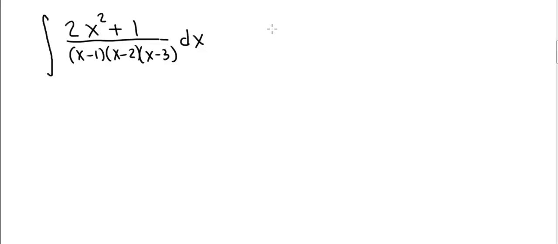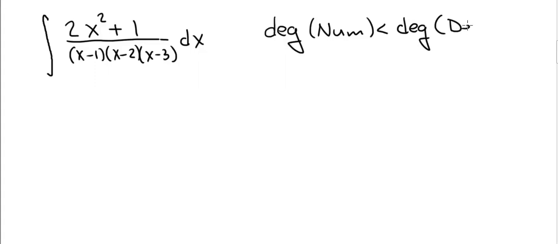Before we can proceed with the method of partial fraction, we have to make sure that the degree of the numerator is strictly less than the degree of the denominator. So in our case, the degree of the numerator is 2, and for the denominator, we have x minus 1 times x minus 2 times x minus 3.